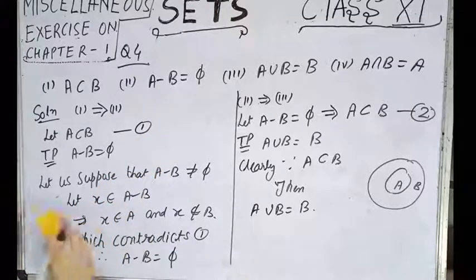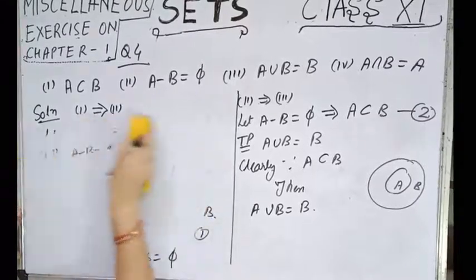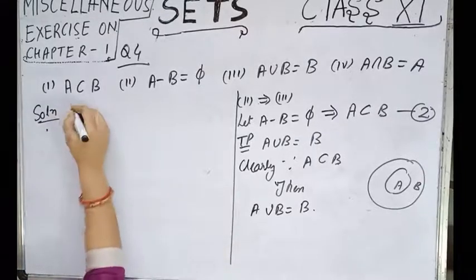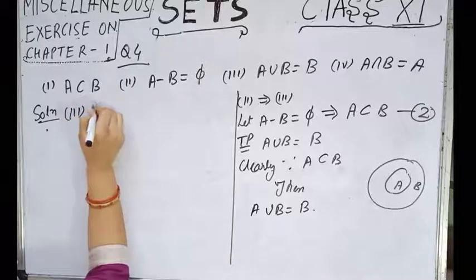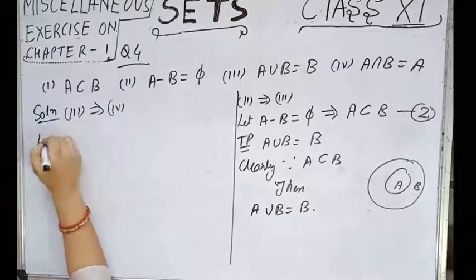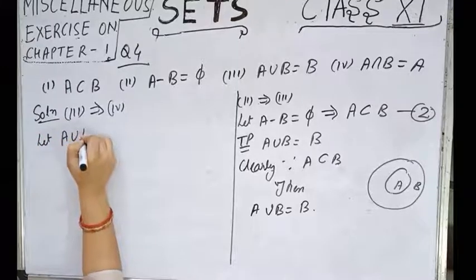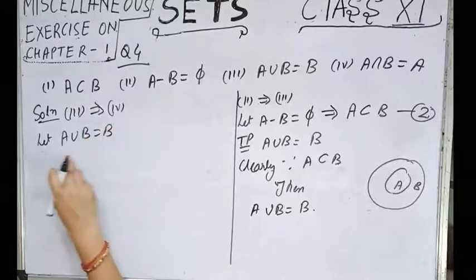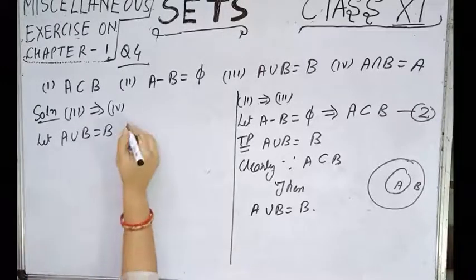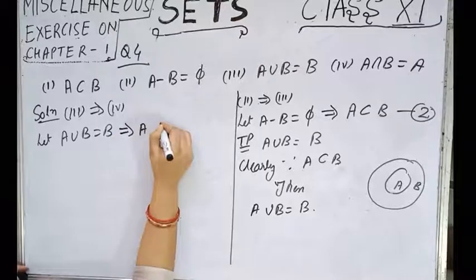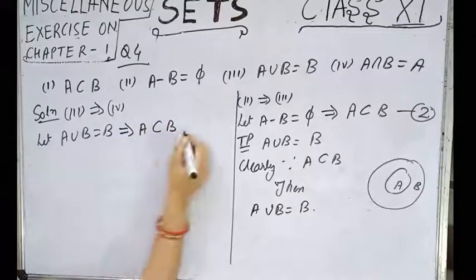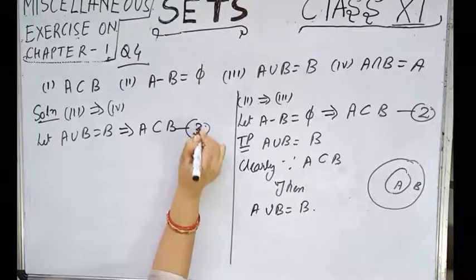Now let us move to 3 implies 4. So what is given? Let A union B equals to B. Now if the union of the two sets A and B is B, so obviously this implies that A is the subset of B. That is, A is the smaller set. Let us make it equation number 3.